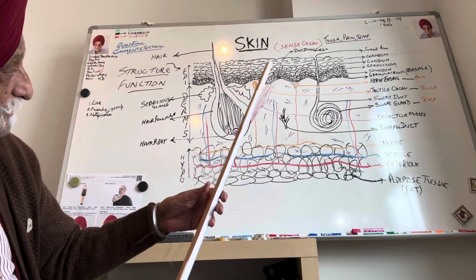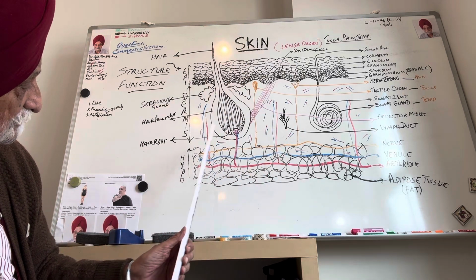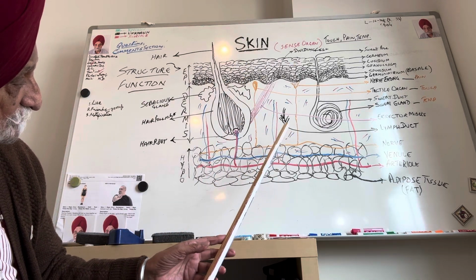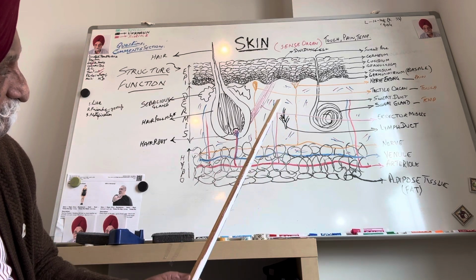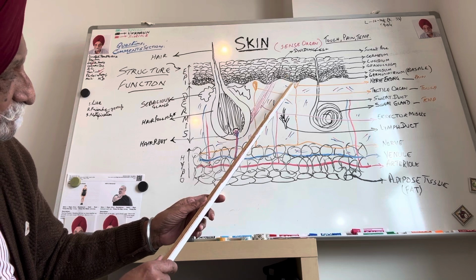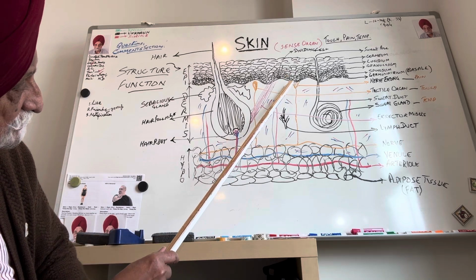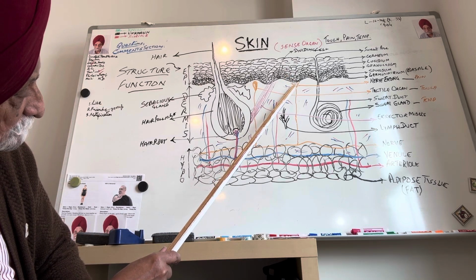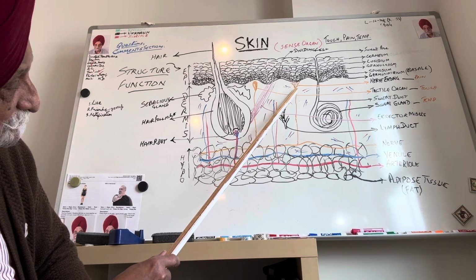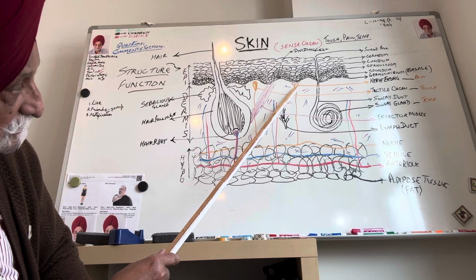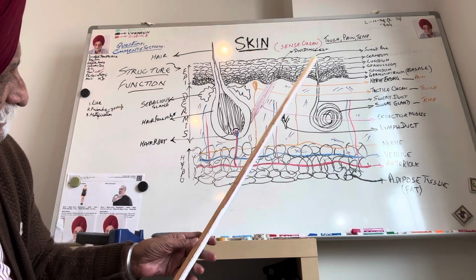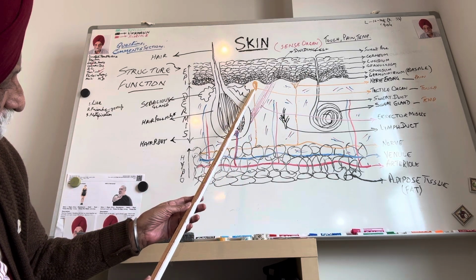In addition to this, there are sensory structures inside the dermis. One is nerve endings. These nerve endings are at the base of the epidermis, and they are sensitive to pain. And then we have tactile organs.